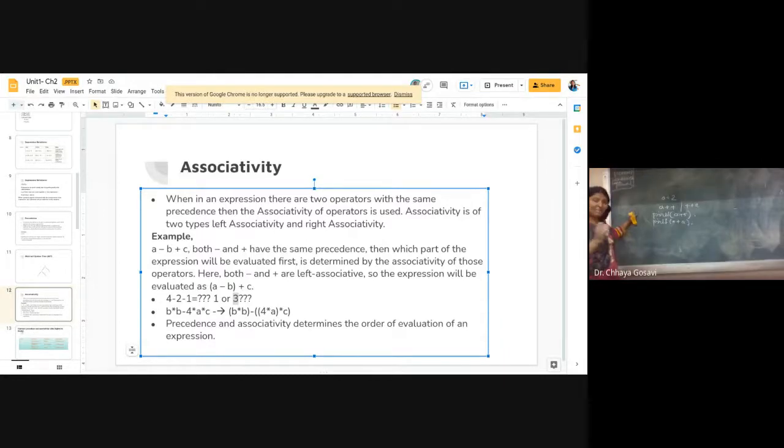Pre-increment is increment and then assign. And post increment is assign and then increment, so it will take time to reflect the change. So it will first print the value of A, which is 2, and then it will increment it to 3.